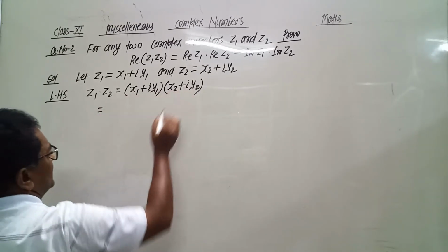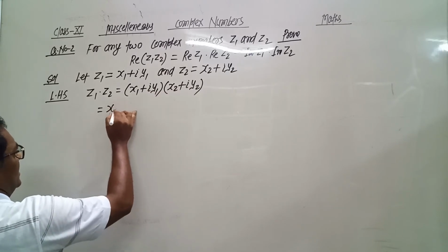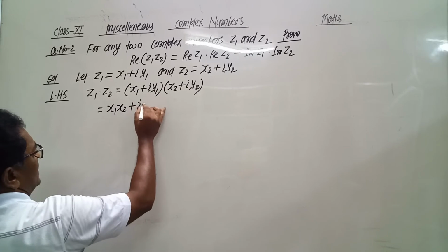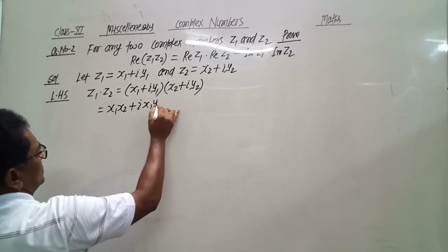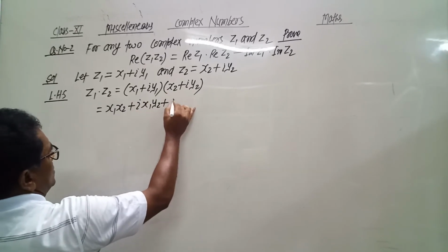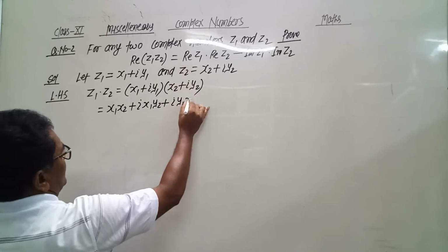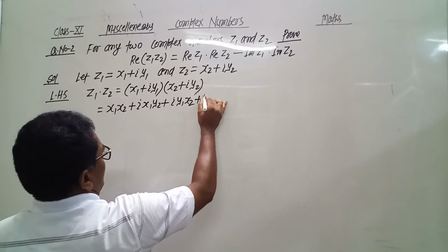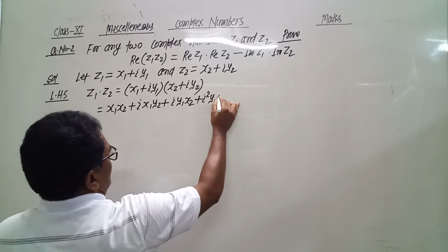So x1 multiplied by both the terms gives x1 x2 plus i x1 y2 plus i y1 x2 plus i^2 y1 y2.